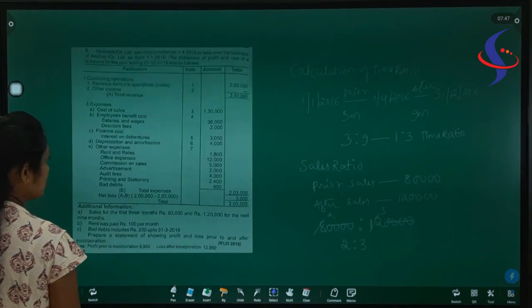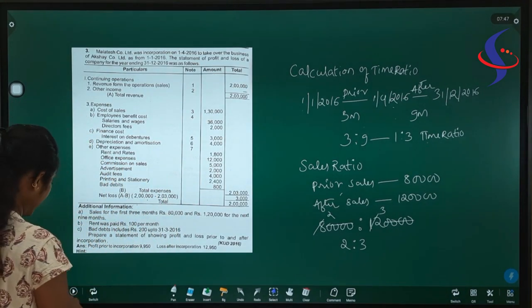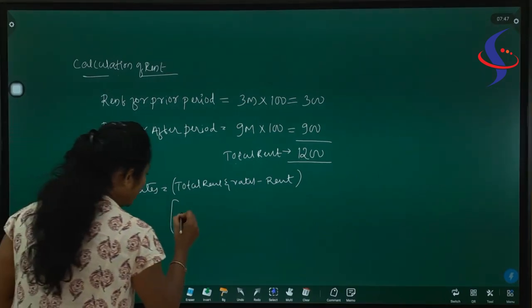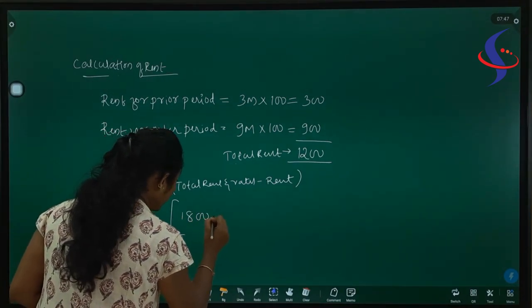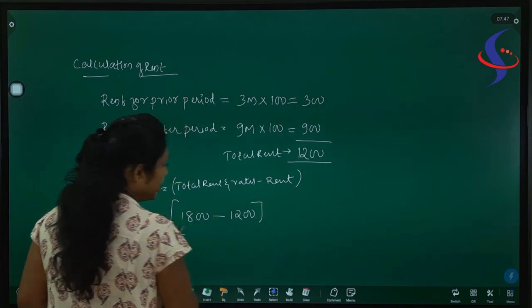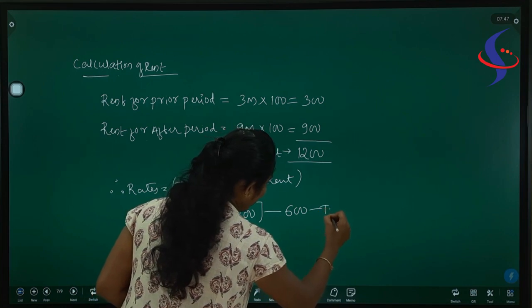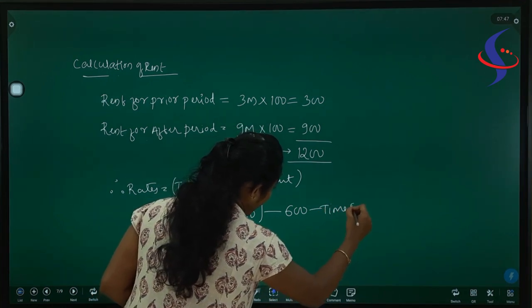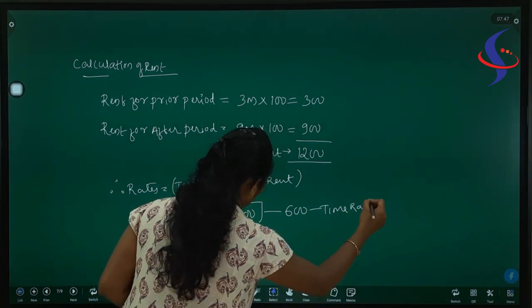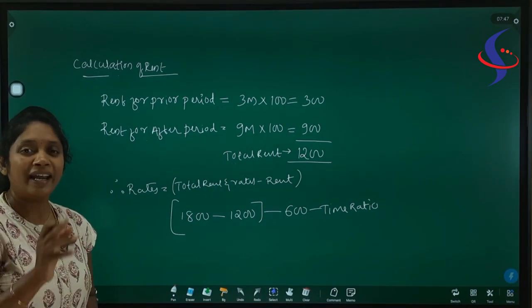It is given in the question only. What is the value of total rent and rates? 1800 it is. From this 1800, remove this rent which is 1200. Then how much will it come to? 600. This you need to divide using time ratio. So now 1200 plus 600, altogether this will be 1800.